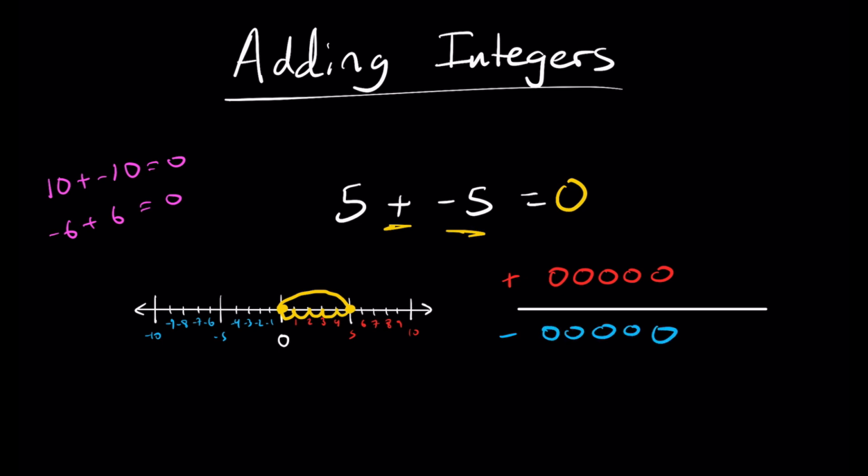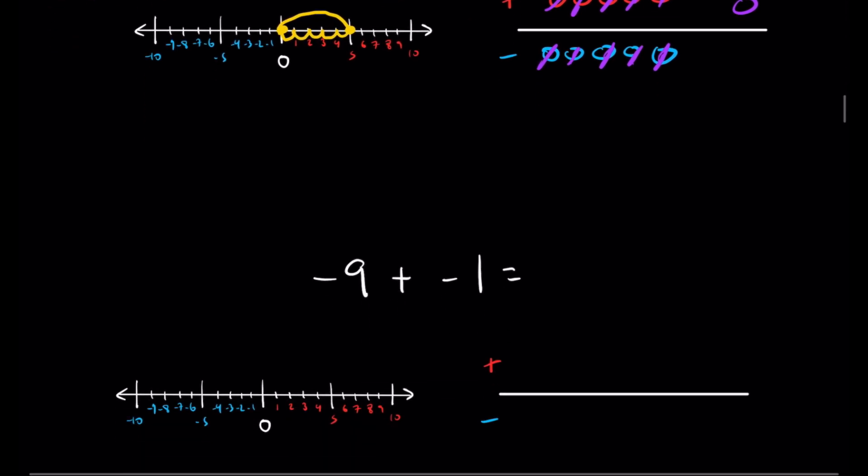Well, you can see that each positive circle cancels out with a negative one. So we can cancel those two, we can cancel those two, and we got nothing left. So we're left with 0. So 5 plus -5 is 0. There's two visual aids that help illustrate this, and we'll use these for a couple other examples here.